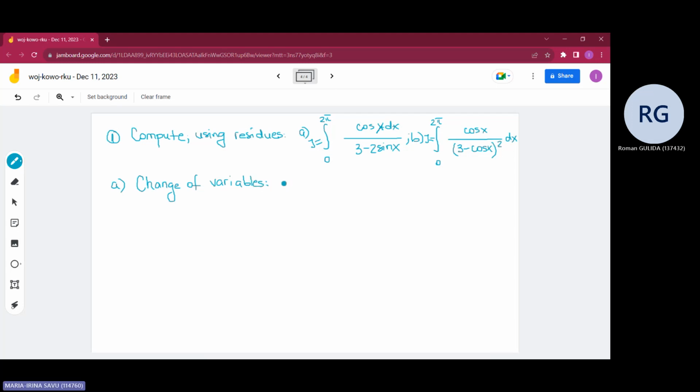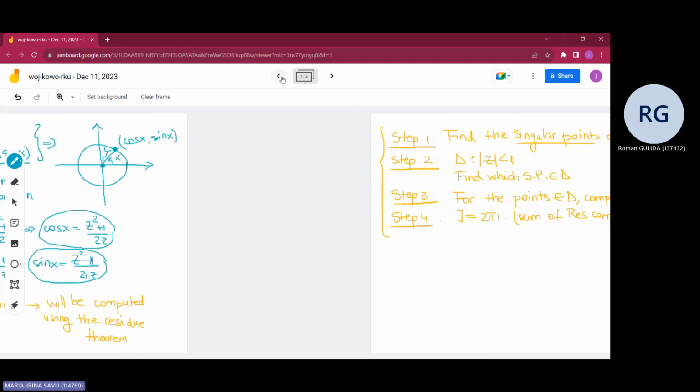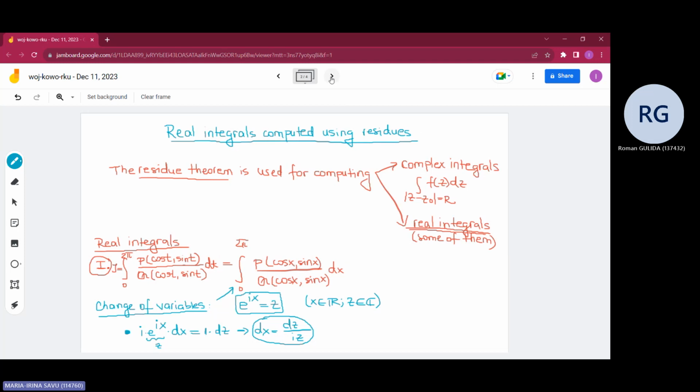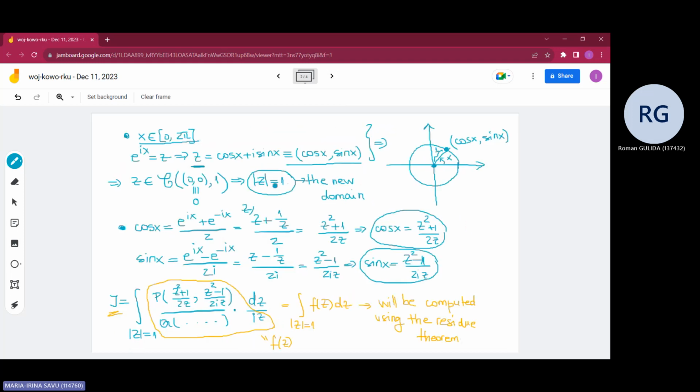It is given by e to the ix equals z, and I'll write directly that dx is dz over iz, because you know that dx has this expression from here. Then the new domain is this one.